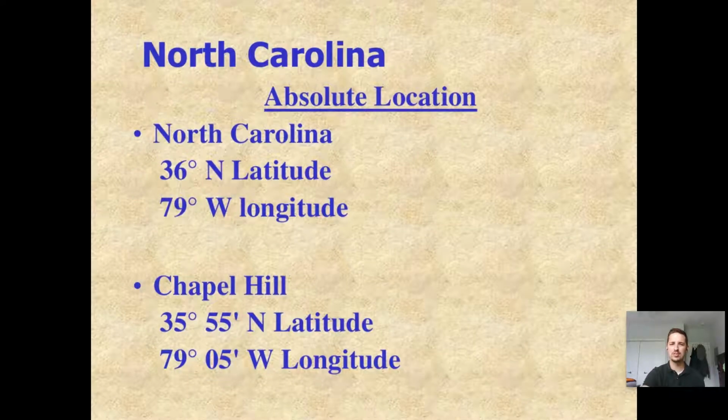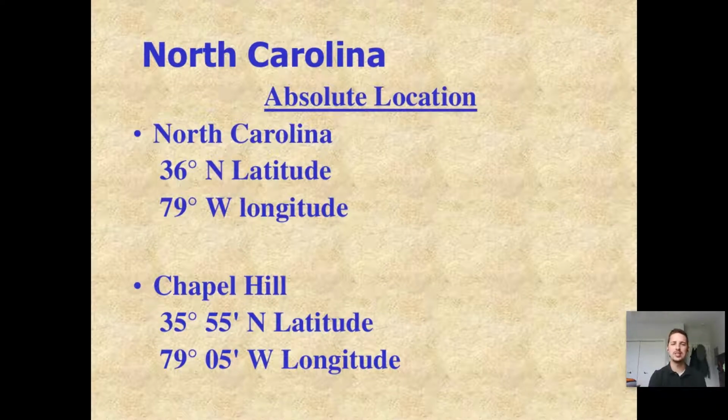So some examples of absolute location. North Carolina is located at 36 degrees north latitude and 79 degrees west longitude. Chapel Hill, one of my favorite places in North Carolina, go Tar Heels, is located at 35 degrees 55 minutes north latitude and 79 degrees 5 minutes west longitude.